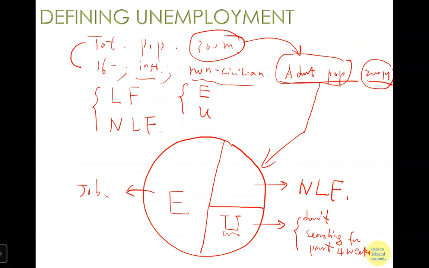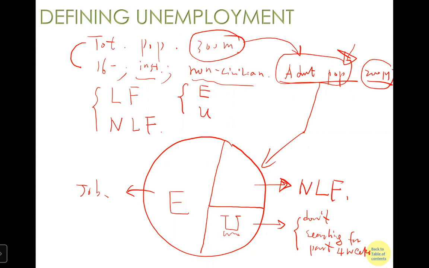Then you're unemployed. If you haven't searched for a job during the past 4 weeks, then you're not unemployed. If you don't have a job, you're not employed. So if you haven't searched for a job for the past 4 weeks, but you are in the adult population, then you are considered not in the labor force.